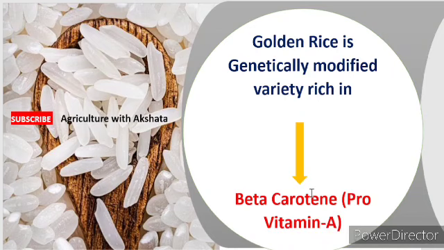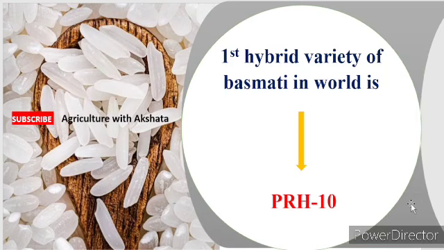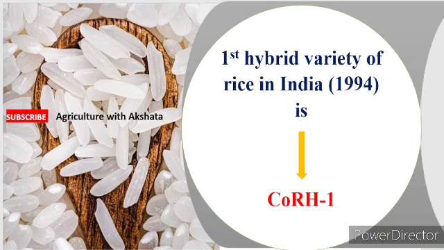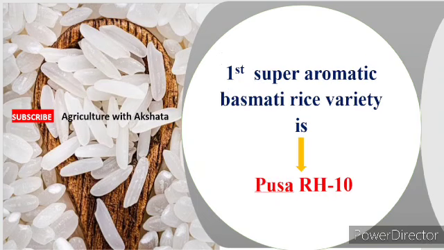The first hybrid variety of basmati in the world is Pusa Rice Hybrid 10, that is PRH 10. The first hybrid variety of rice in India, which was developed in 1994, is Coimbatore Rice Hybrid CoRH 1. The first super aromatic basmati rice variety is Pusa Rice Hybrid 10.